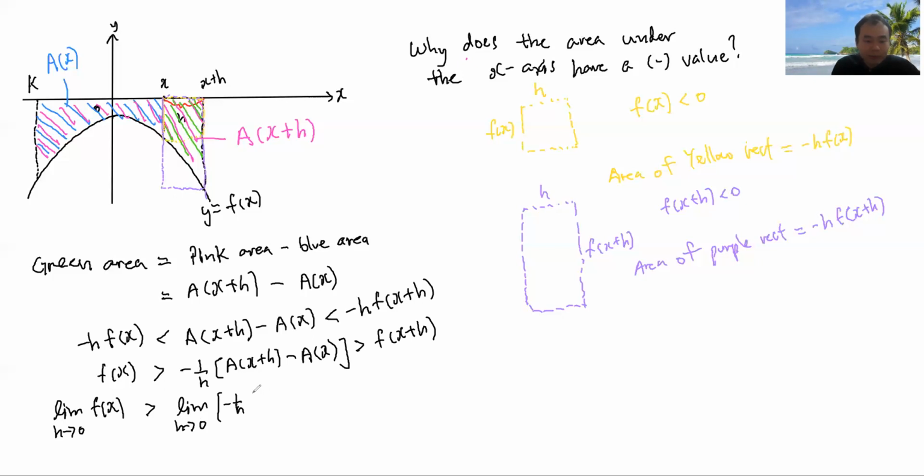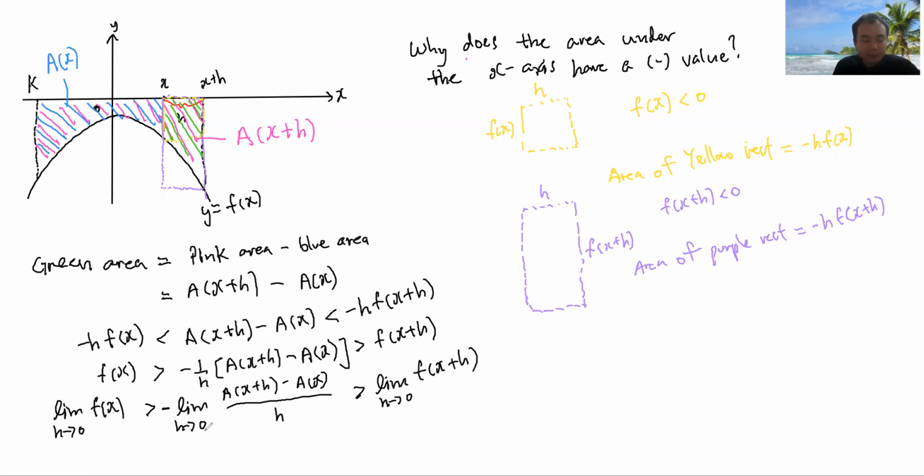Maybe I'll just write it this way, it's easier: the negative outside, so this would be A of x plus h minus A of x divided by h, and this is the limit as h approaches 0 of f of x plus h.